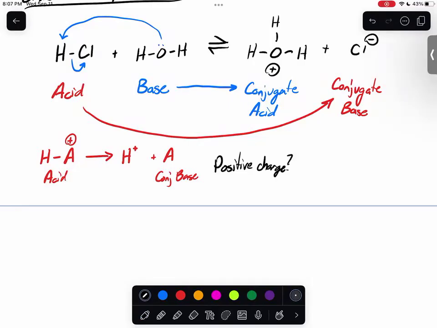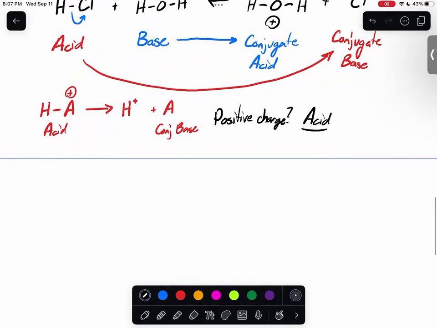If yes, it's probably an acid. Same idea goes for a base, right? If we have a base that has a negative charge, like this one here, upon becoming protonated, upon gaining that proton, it will be neutral. So this would be your base. This would be your conjugate acid.